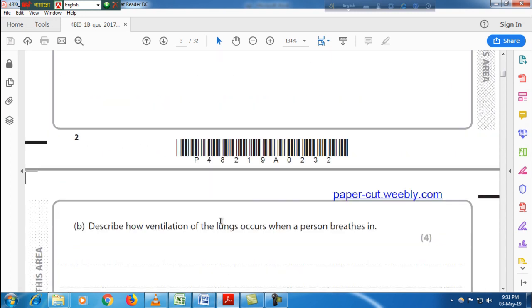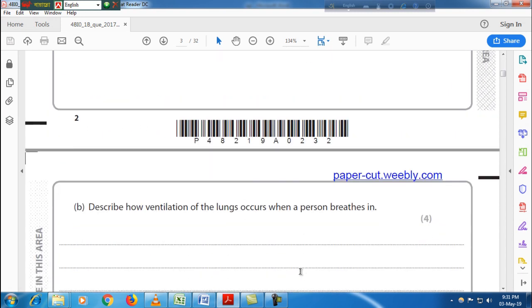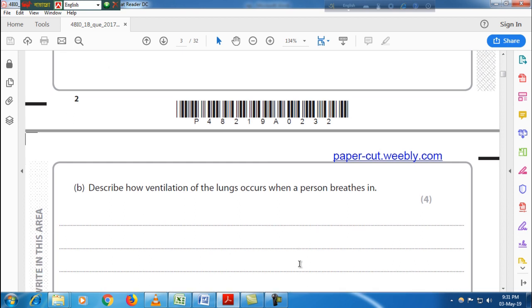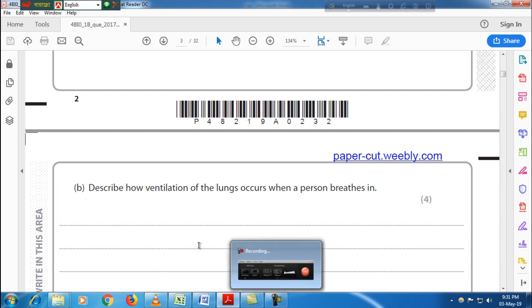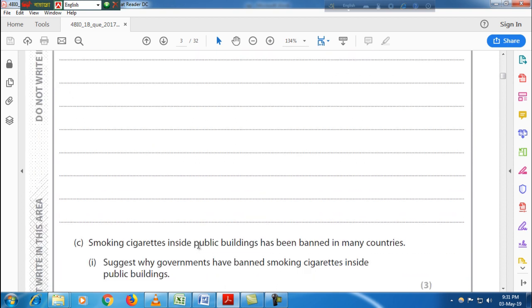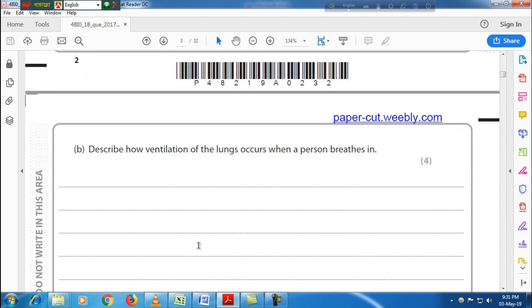Next question, number B. Describe how ventilation of the lungs occurs when a person breathes in. That means they wanted to know about inhalation.